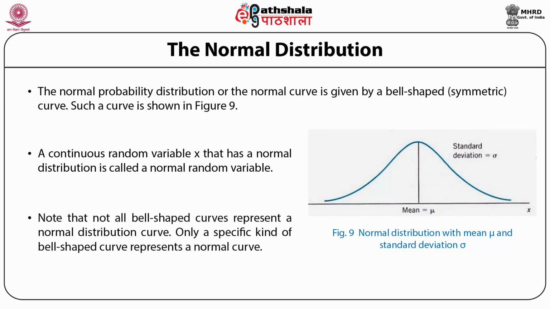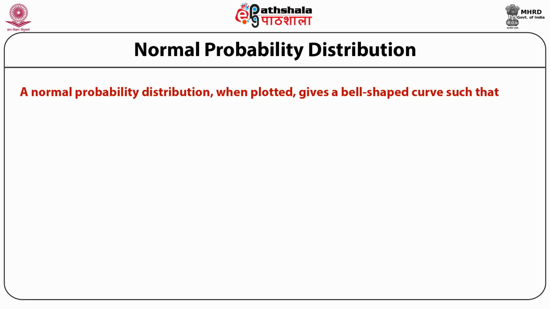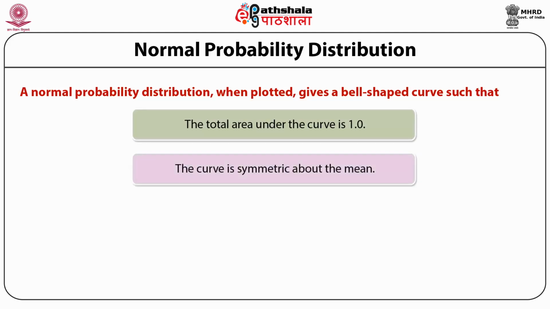Note that not all bell-shaped curves represent a normal distribution curve. Only a specific kind of bell-shaped curve represents a normal curve. So the normal probability distribution, when plotted, gives a bell-shaped curve such that the total area under the curve is 1.0. The curve is symmetric about the mean.